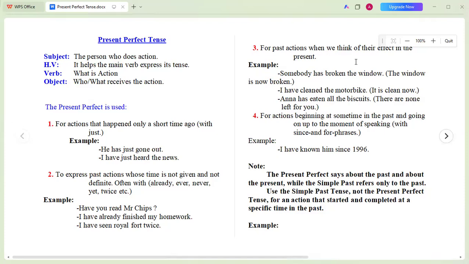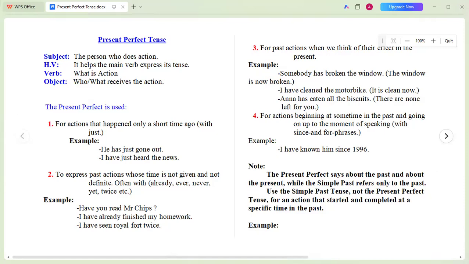So a note that you need to remember, because some students get confused between present perfect and past indefinite. The present perfect talks about the past and about the present, while the simple past refers only to the past.